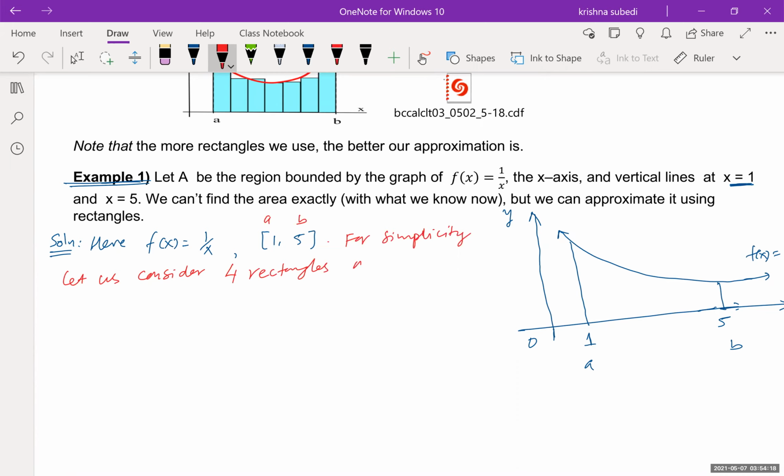So that means n, the number of rectangles, equals 4. Now let us make 4 equal-width rectangles here. This is my first rectangle, I will draw there and there. So these will be the 4 rectangles. My goal is to find the area inside that.